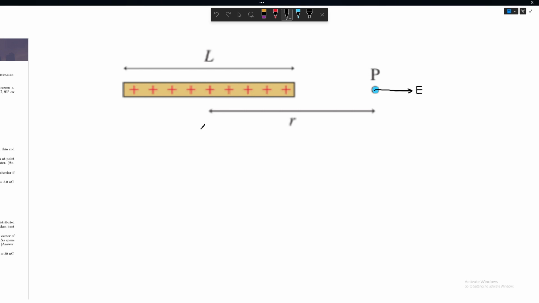So I'm going to say x equals 0 at this origin, which is the halfway point. This side is going to be my positive x, and this is going to be my negative x. In other terms, this side is my negative L over 2, because this is all of L. If I divide L over 2, this is the half of L. And this is the positive side, in other terms, L over 2, positive.